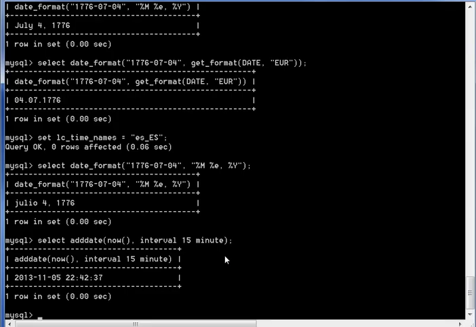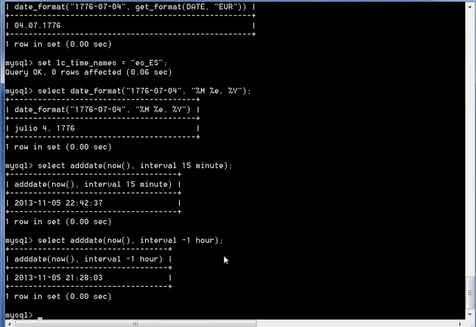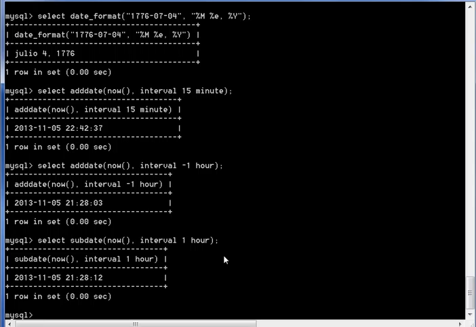You may use negative interval counts, so 1 hour before now could either be ADDDATE(NOW(), INTERVAL -1 HOUR), or if you like, you can do the equivalent SUBDATE and get the same effect. That's more SQL redundancy going on there, I guess.